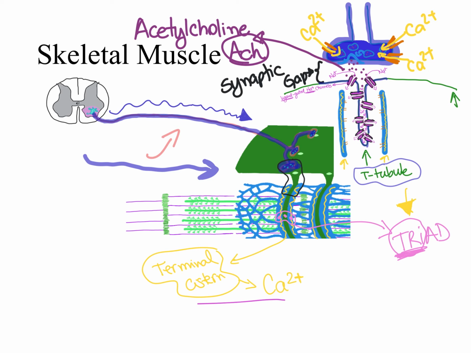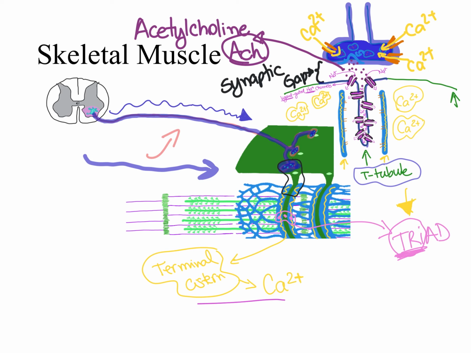And when these voltage-gated calcium ion channels open, calcium ions that were stored within the terminal cisterns are released into the cytoplasm of the skeletal muscle cell. Calcium ions are released into the sarcoplasm.